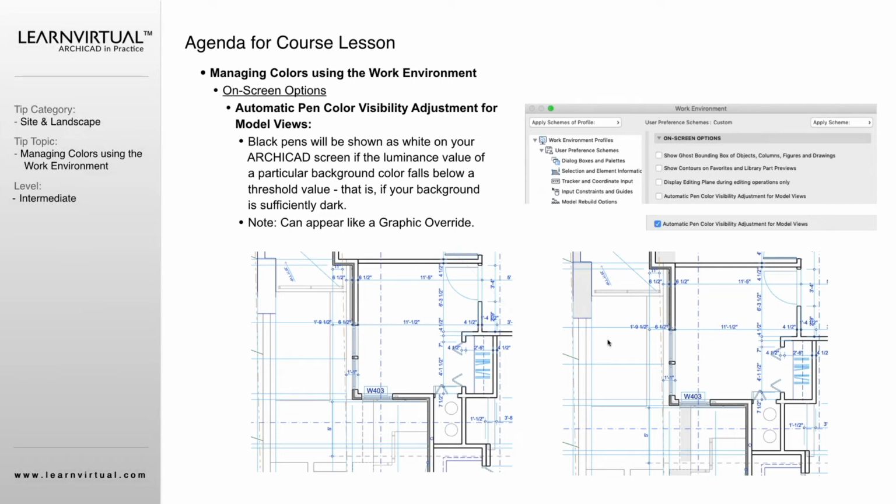And I always thought it was due to a model view option that I just wasn't able to find, or a graphic override that I wasn't able to undo. And it really drove me nuts. And I always look at this now, this on-screen option right here, automatic pen color visibility, adjust for model view. If that's clicked, you're going to see these gray boxes in places that you don't want them. So you unclick that, and then everything will go back to this normal white background that we're all used to seeing.